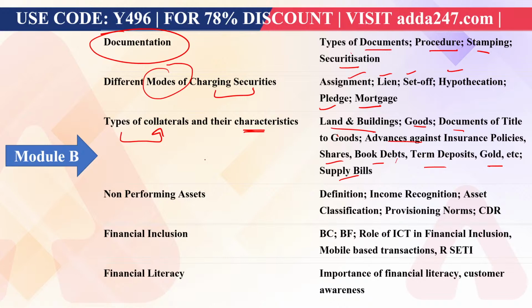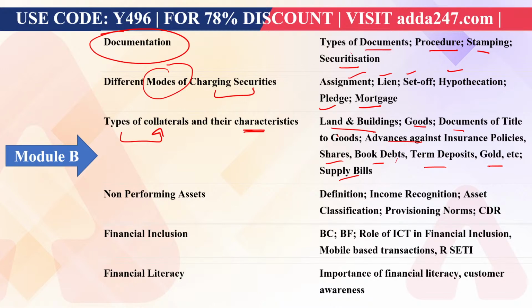Now the non-performing asset, a very important chapter in which we have to cover first of all types of assets, the duration of NPA, the overdue period, the overdraft period or out of order period, we have to cover definitions, income recognition, the provisioning norms done for the NPA, what is gross NPA, what is net NPA, the asset classification, the CDR, everything we have to cover here.